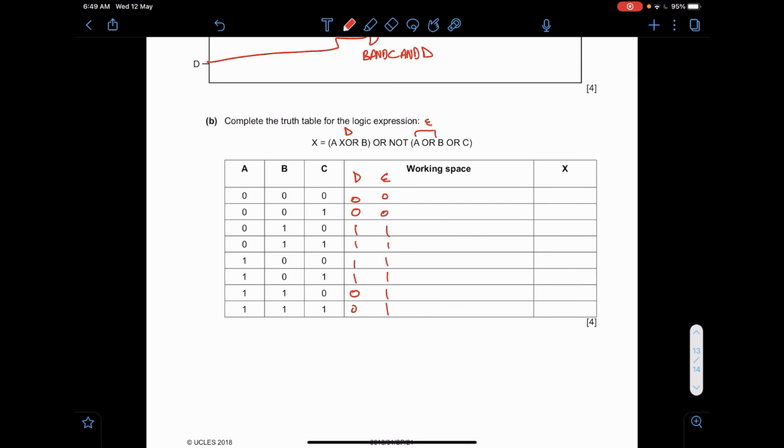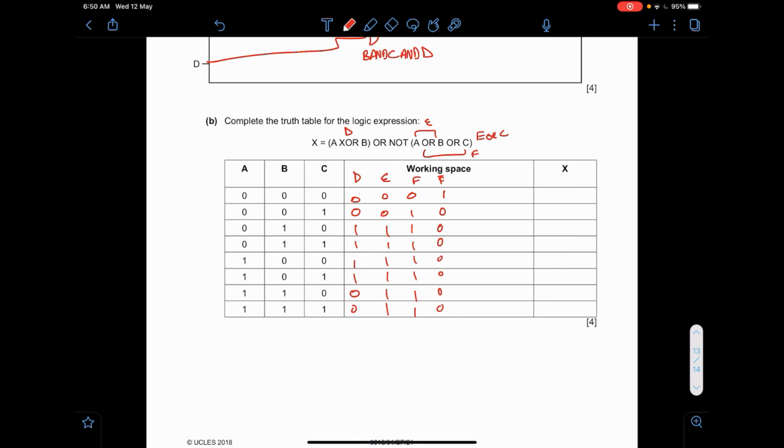Okay. And now we're going to OR it with C. So we're going to see E or C. So this becomes our F, right? So E or C, so 1 1 1 1 1 1. Okay, so we have arrived at this stage. Now we're going to do a NOT on this because this is a NOT. So we're going to turn it around: 1 0 0 0 0 0 0 0.